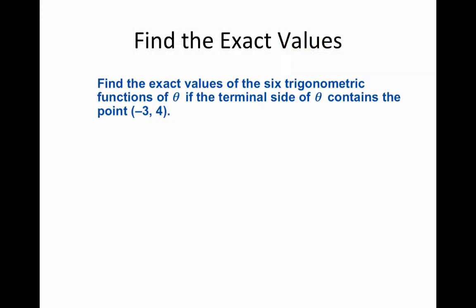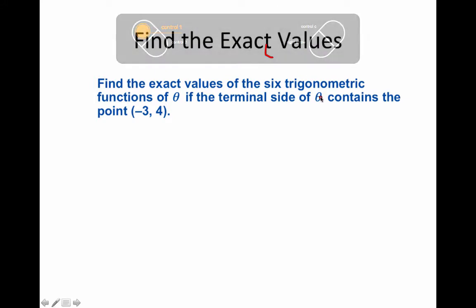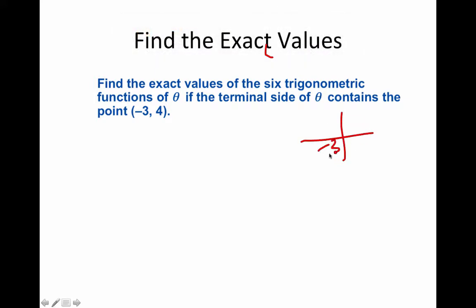Find the exact values of the 6 trig functions of the terminal side that contains (-3, 4). So if I'm going to go -3, 4, I go 3 left, 4 up. Hey, look at that, I'm in quadrant 2. And I can also recognize this as a 3, 4, 5. That's a thing. And if we think about this, we know that we're in quadrant 2, so sine will be positive.